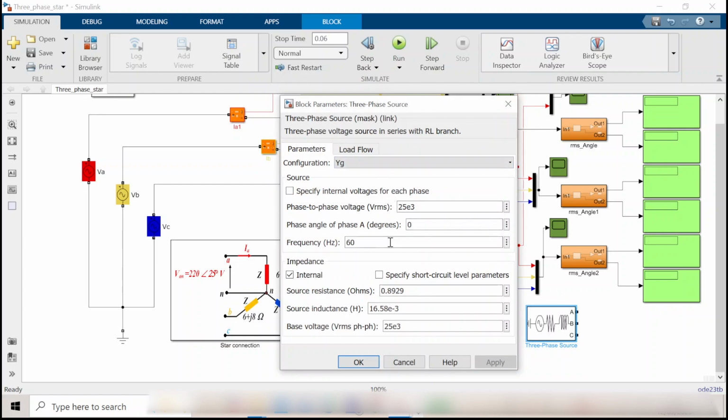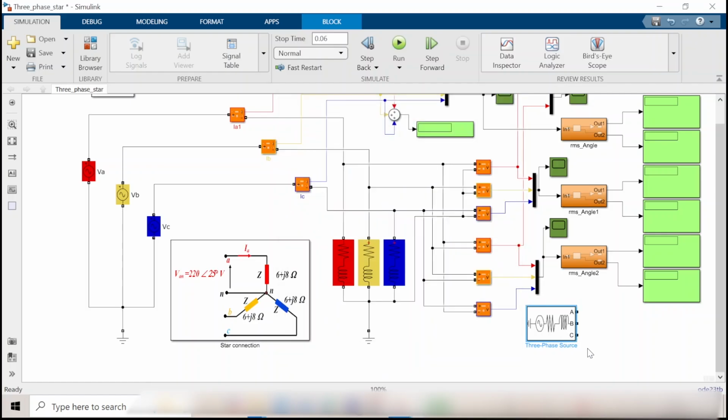You are going to adjust the frequency. You are going to adjust the voltage line value, not phase value, RMS. And then you are going to put the impedance for the source. If you don't have impedance for the source, you are going to put these as zeros, and then you are going to have a direct source. But that one is all the time either star grounded or star with neutral.